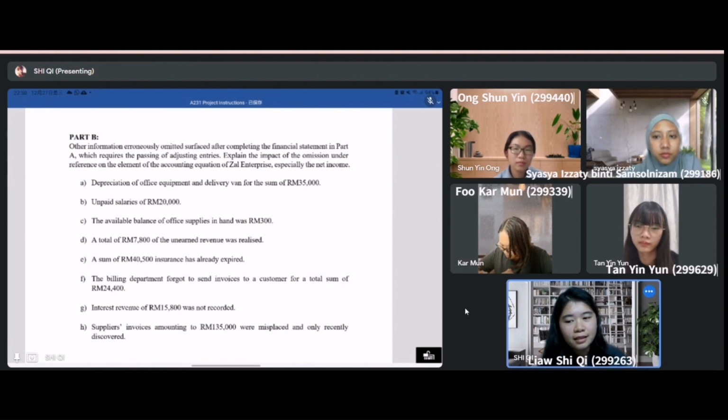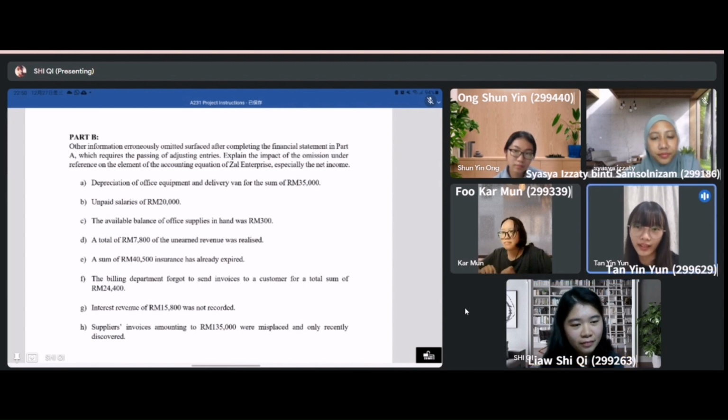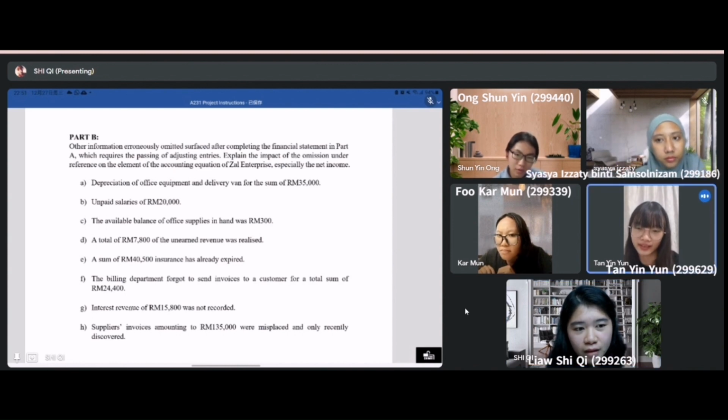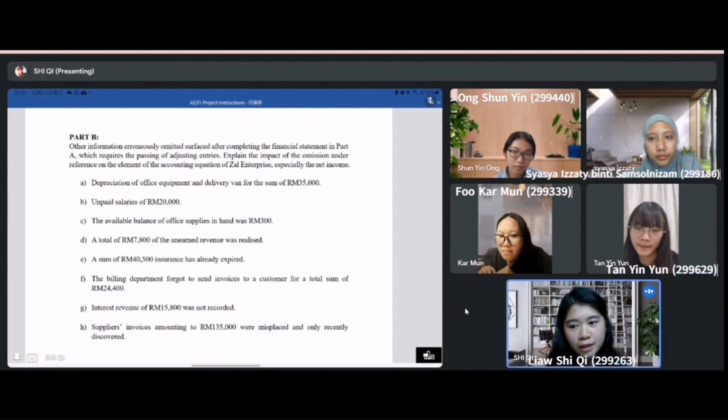Because the enterprise just found the supplier invoice, so supplies expenses will be increased on the debit side.